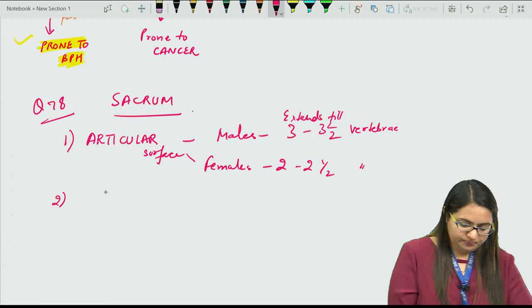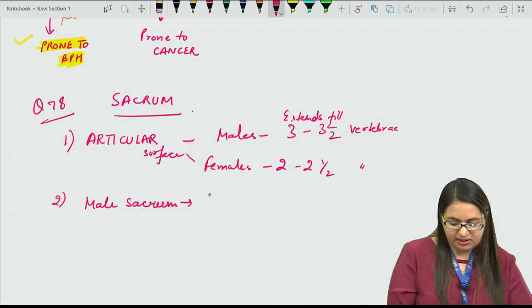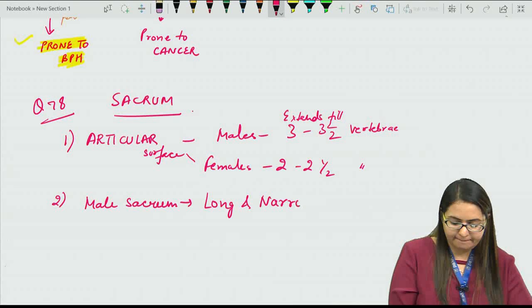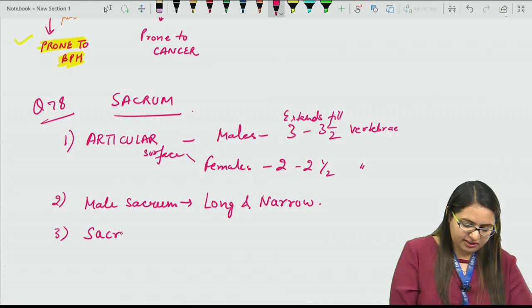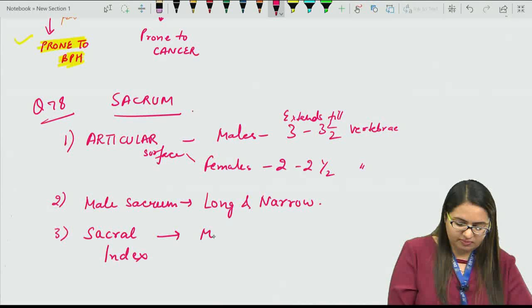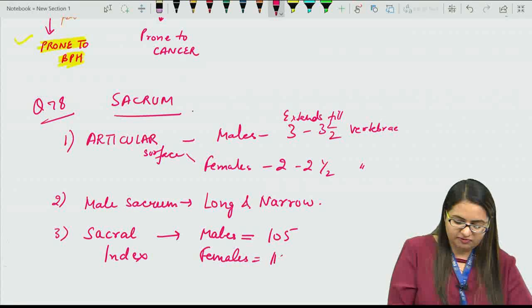Apart from this, the male sacrum is long and narrow. If we compare the sacral index, the sacral index in males is 105 and in females it is 115.